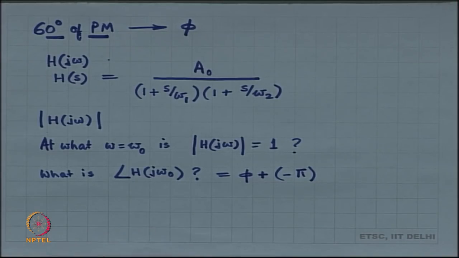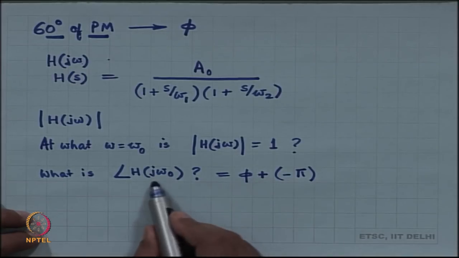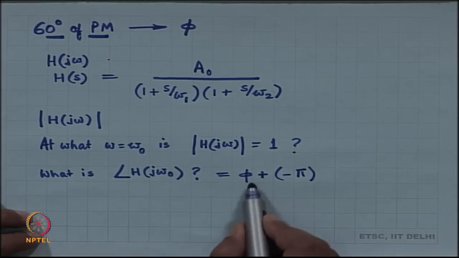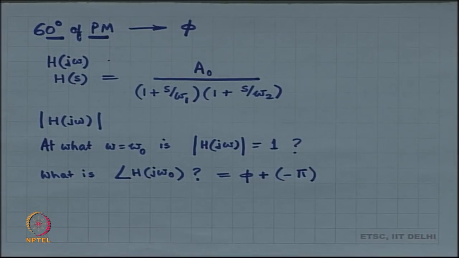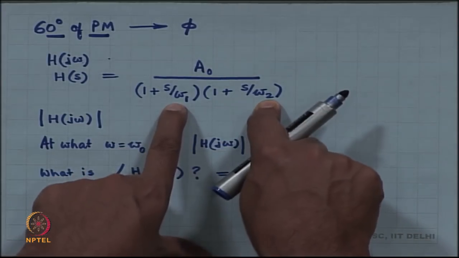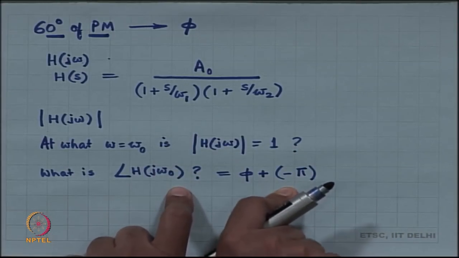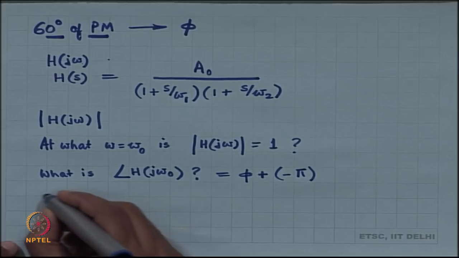So, this is the plan. We need to do this. If I want the phase of H of j omega to be phi minus pi, what do I engineer? I have to engineer the locations of omega 1 and omega 2 such that this happens.